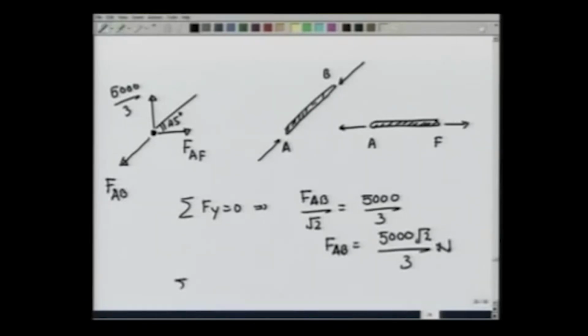Similarly, summation Fx equal to 0 gives me F_AF to be F_AB over root 2, which is equal to 5000 over 3 newtons. So, now I have gotten forces on two members of the truss, namely AB and AF.